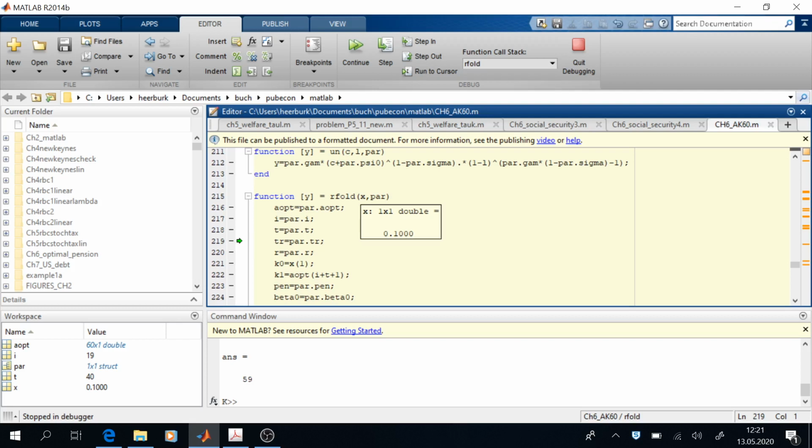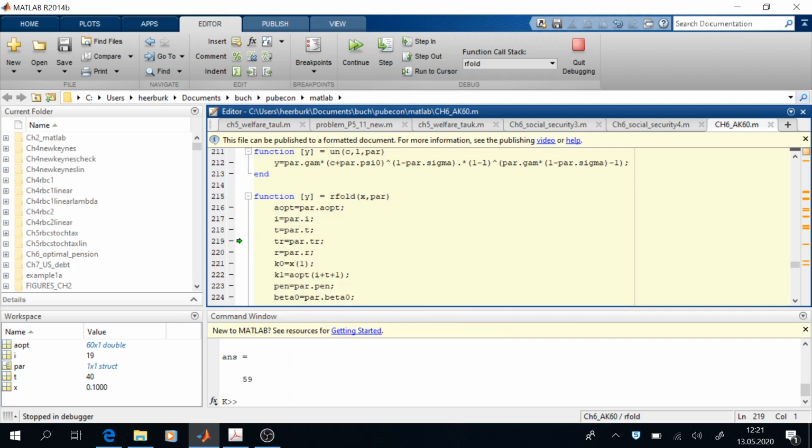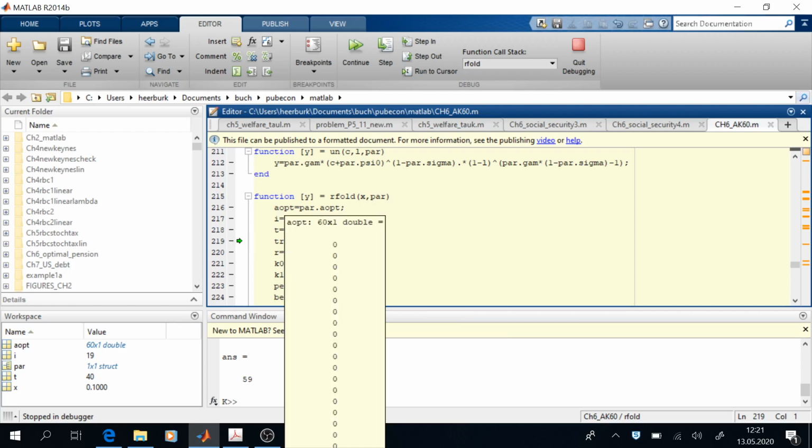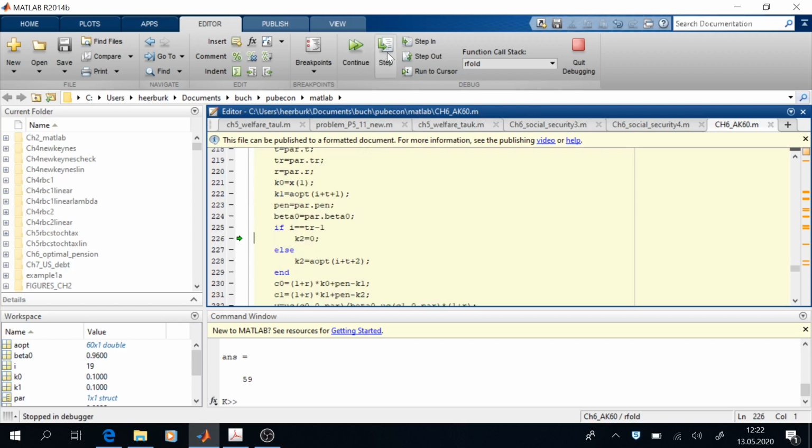We also pass on the parameter vector here, so the found values of the optimal asset level in later periods. We pass on the time periods here and all the other variables that we need for the computation in our Euler equation.